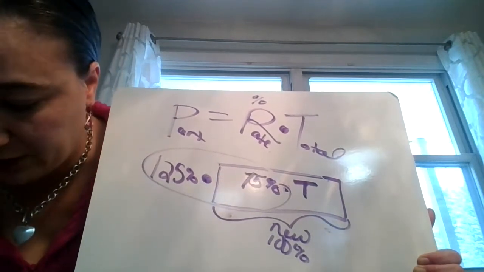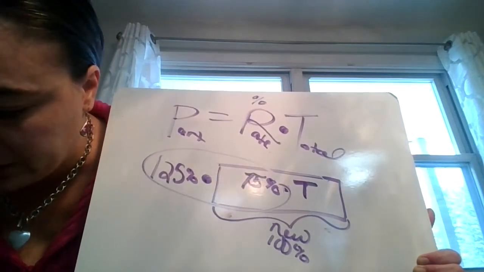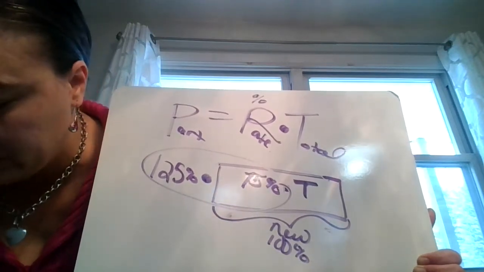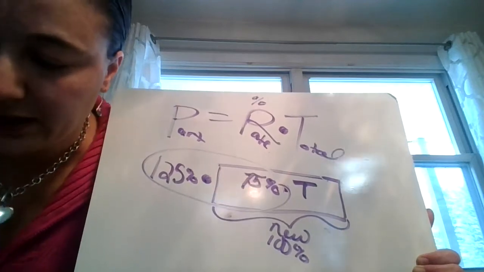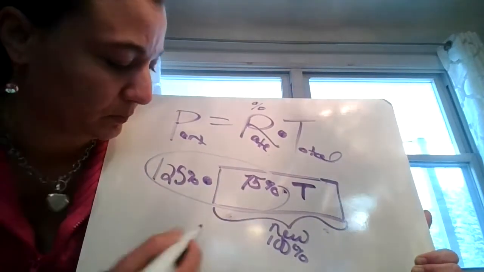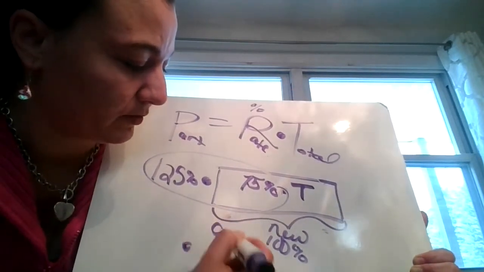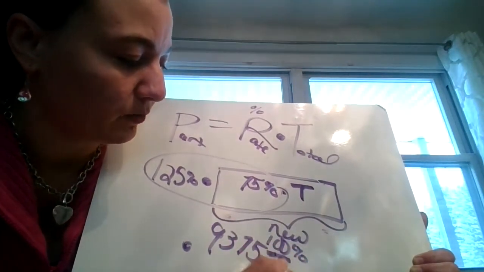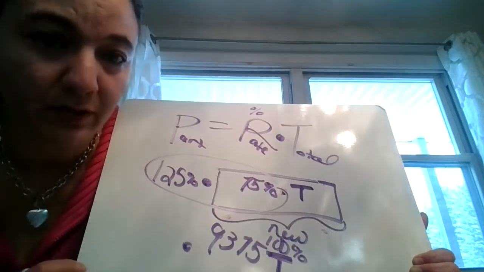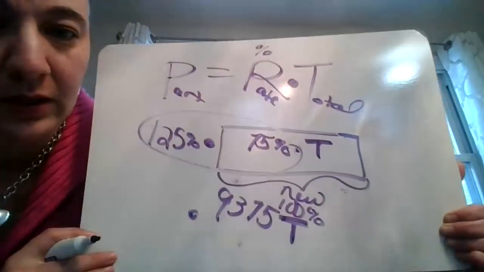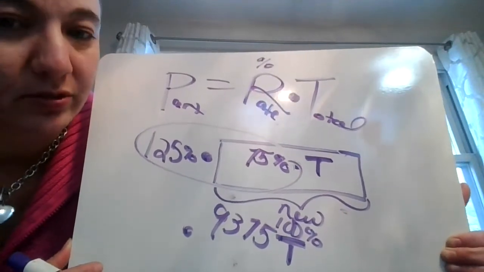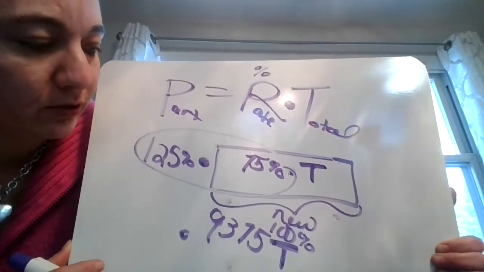So 125% times the 75% of my original comes out to be 0.9375 of the total I started with on Wednesday before I said anything dumb. Okay, which if I was going to write that as a percent, that would be 93.75% of my original total.